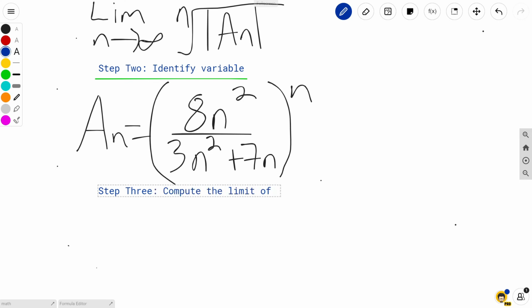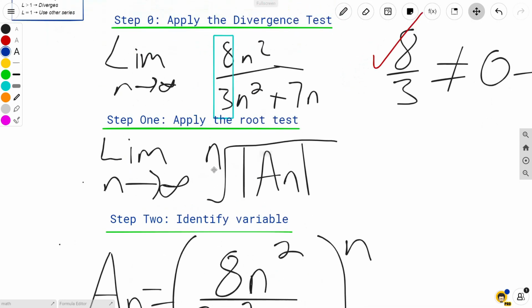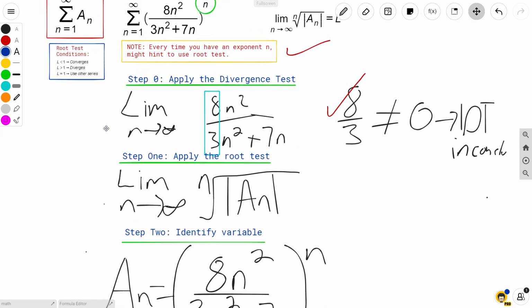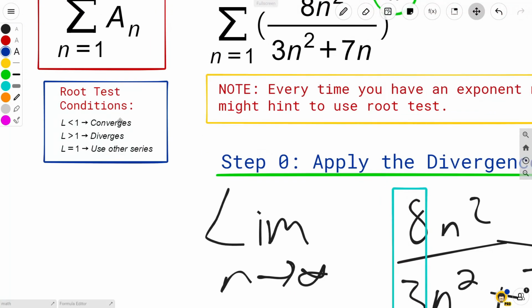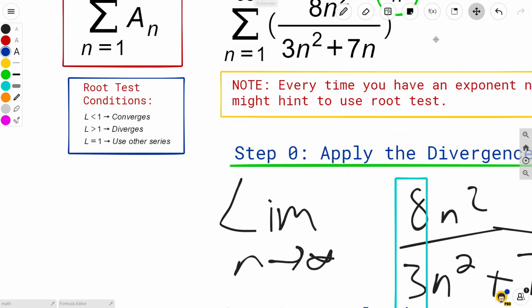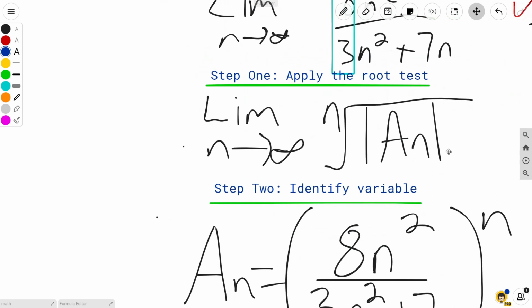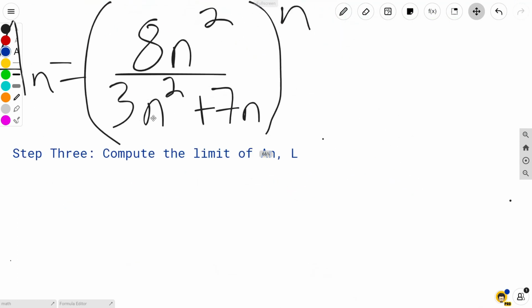Compute the limit of a sub n, and we're going to call the limit L. Based on whatever L turns out to be, we have these root test conditions right here, and whatever L turns out to be will determine whether this series converges or diverges. So without further ado, we're going to go ahead and compute the limit.